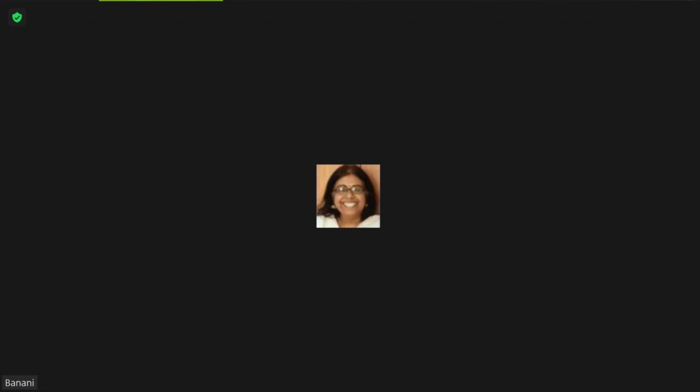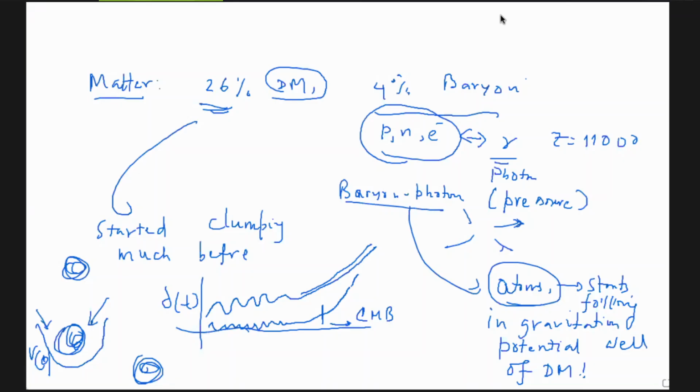I'll not go into the detail, but the main idea, now I'm moving to galaxies. Suppose you locate a galaxy, for example, say Andromeda or Milky Way. Andromeda galaxy.